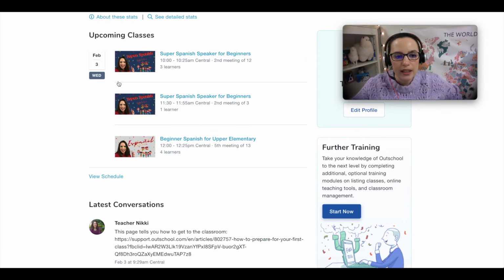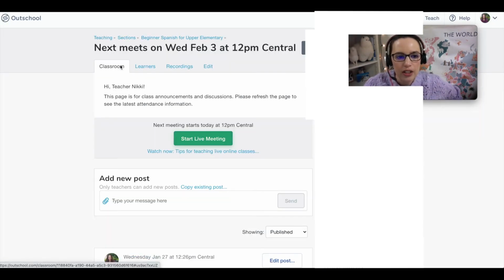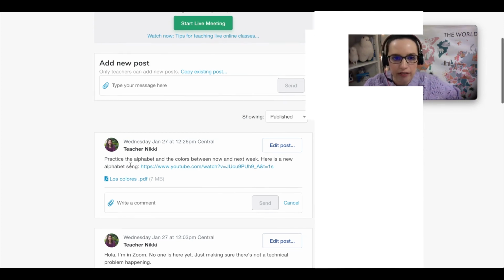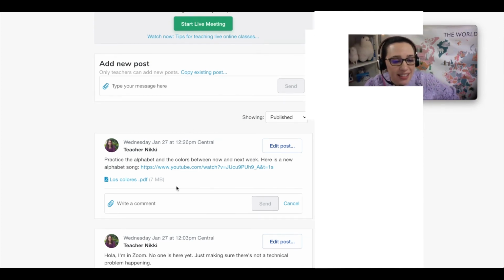If you want to see the classroom page, you click on the class in the section, and then it says classroom. You can put the links or whatever information you want them to use to practice, then they can go to the classroom and practice in between classes.